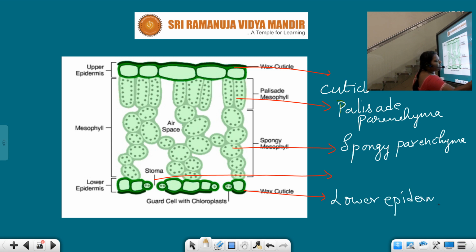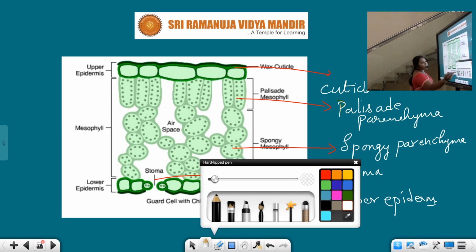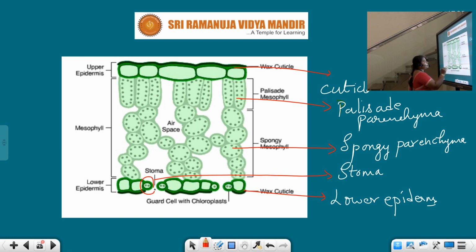In the lower epidermis, we have special openings called stoma or stomata. Here we have the guard cells. The kidney-shaped, bean-shaped cells present in the lower epidermal layer of the leaf surround the stoma. This is the cross section view of the leaf.